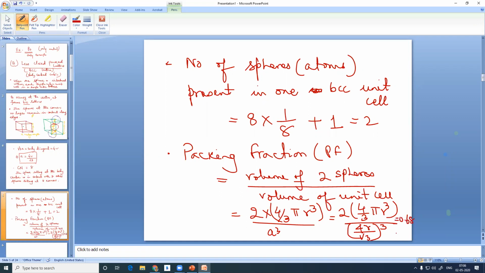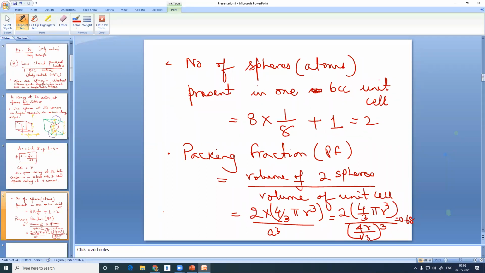Now see, what a remarkable difference between the simple cubic unit cell, which was only 52% occupied, and BCC, which is 68%. A quantum jump in the level of occupancy. The occupancy level has risen from 52 to 68.